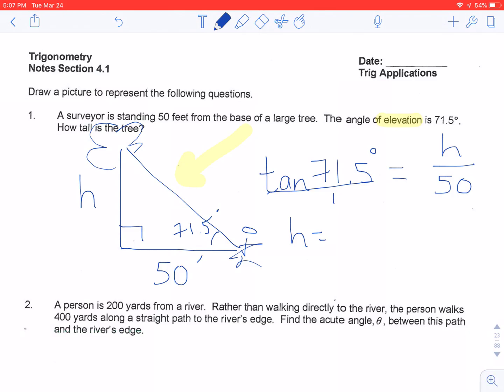And we'll get H equal 50 times the tangent of 71.5 degrees. There's a decimal point there. And then in our calculator, we would type in 50 times the tangent of 71.5 degrees. And we're going to round to 2 decimal places. We'll get 149.43. Make sure you can do this on your calculator, and then include the units.